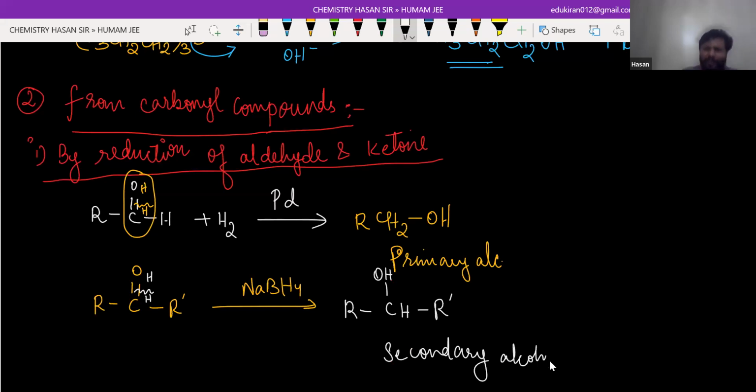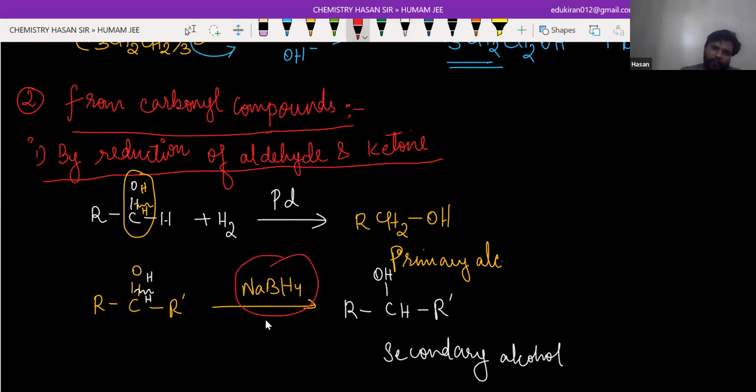In the same way, if you are going to oxidize this secondary alcohol, you will get ketone. And if you are going to oxidize with a mild oxidizing agent, this primary alcohol, you will get aldehyde. And again, if you use that oxidizing agent, then you will get carboxylic acid. And if you are going to use a very strong oxidizing agent on primary alcohol, you will get directly carboxylic acid. Is that clear?